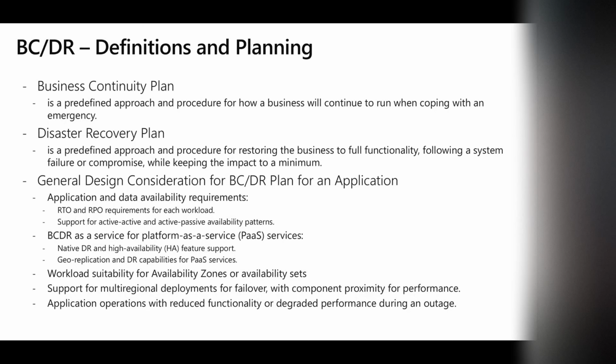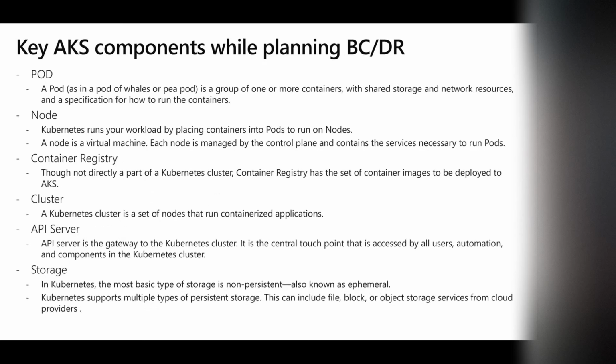We are going to look at different AKS components and see what their fault points are and what we can do to make them fault tolerant. That's what we are going to be discussing here. First of all is your pod.